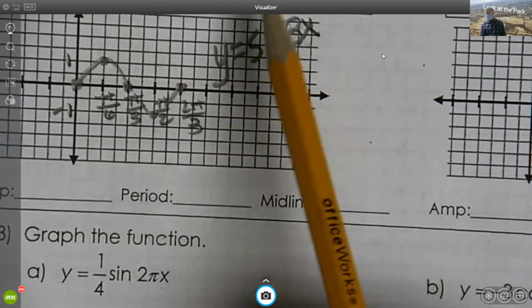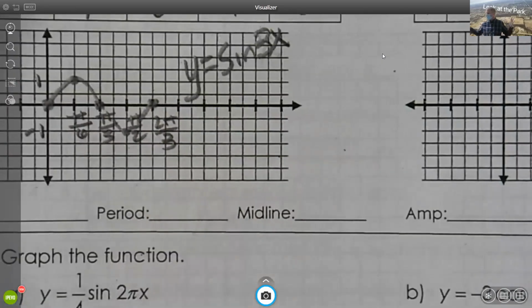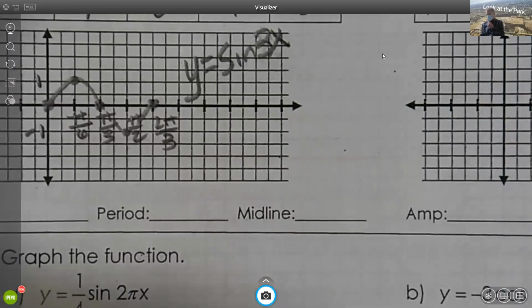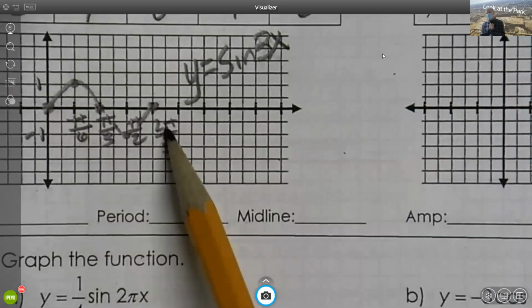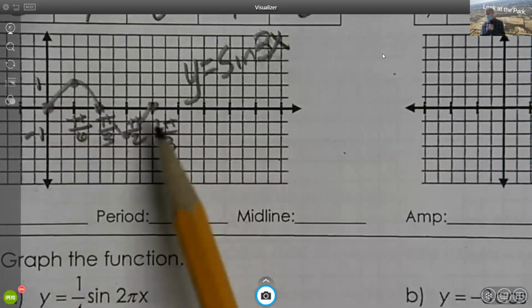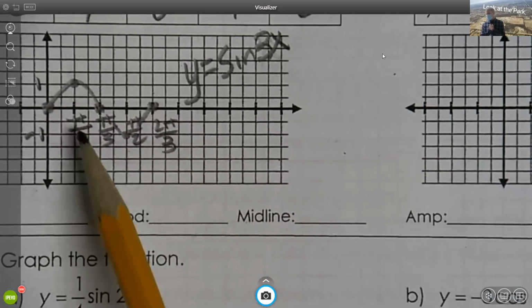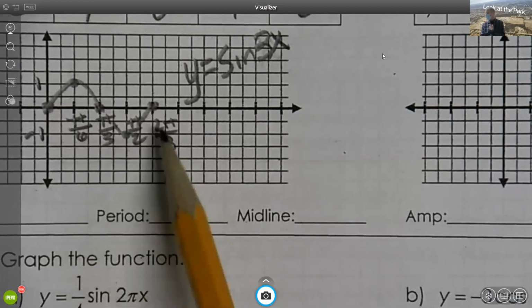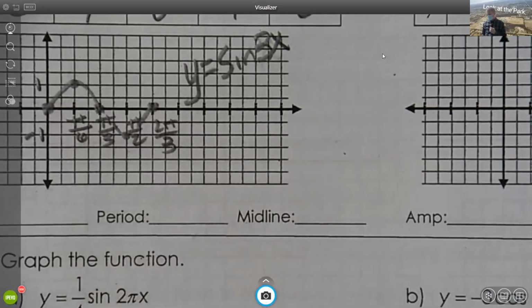But because of the 3 that we had here in the equation, that has shrunk us up. That has made the graph much quicker. We don't see it as much quicker in here, except if you're looking here at the angle values. Now we're going 30, 60, 90, 120 instead of 90, 180, 270, 360. It's going through the graph much quicker. We don't see it so much except for the numbers around it.